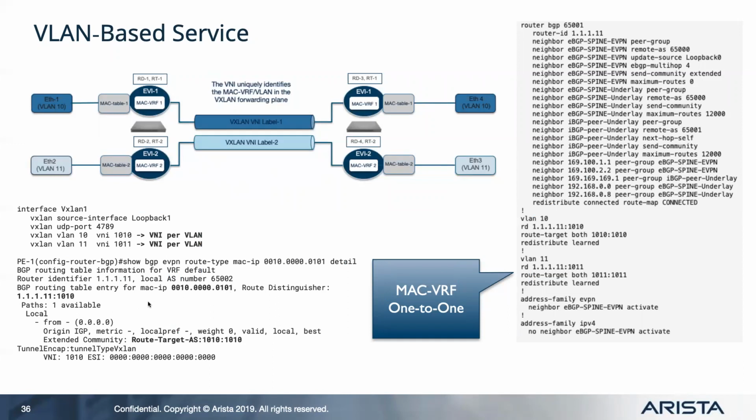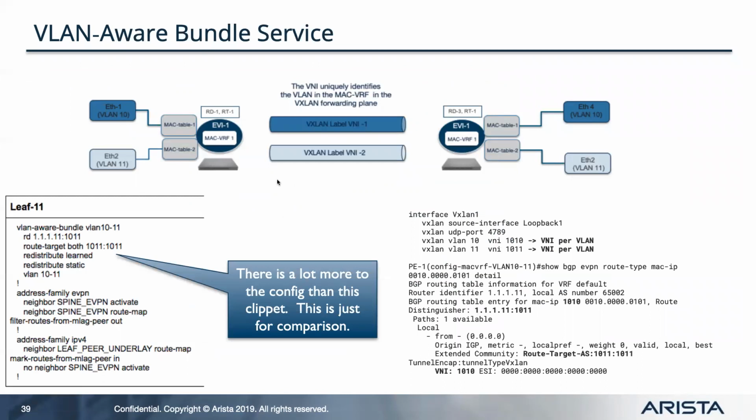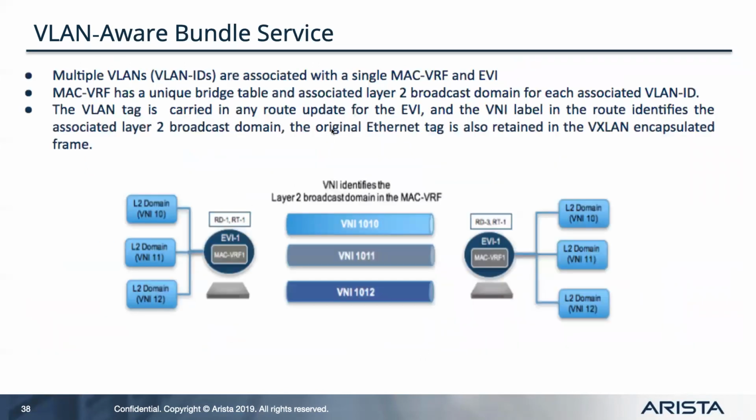This MAC belongs to VLAN 10, based on the route target we were able to determine. But now, because VLAN 10 to 20 all have the same route target, we will check the VNI information to install that route for that particular VLAN. So the difference here is you have a separate VNI.